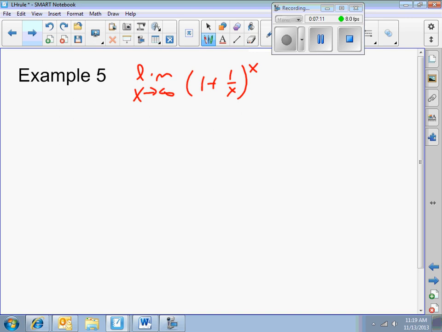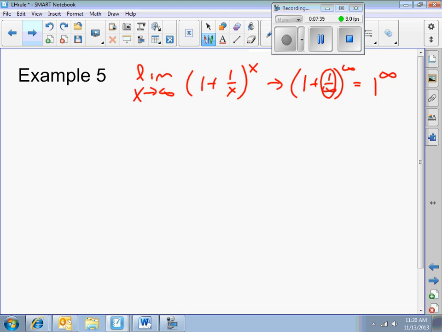I have 1 plus 1 over infinity. If I substitute it in, it'd be 1 plus 1 over infinity, raised to the infinity. Well, this is heading to 0, so 1 plus 0 is 1. So this is 1 to the infinity. It's one of those additional indeterminate forms, but we have to make it look like a L'Hopital indeterminate before we can go on.